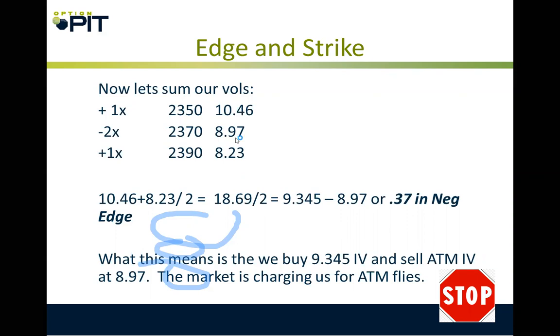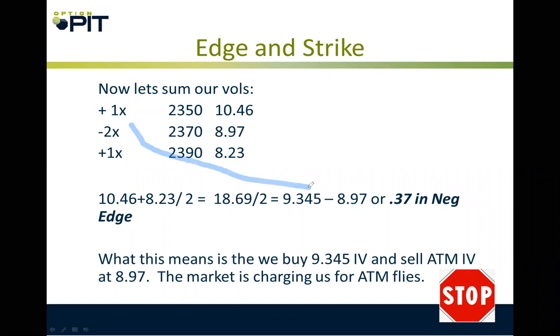So what's happening is your vol that you're buying looks like this. Right? So if you're drawing a picture of this fly, you're buying this wing here, which is slightly more expensive. You're selling something here and then buying something there, right? So if I take this chunk and this chunk, I'm spending more on this than the stuff I'm getting in the middle.